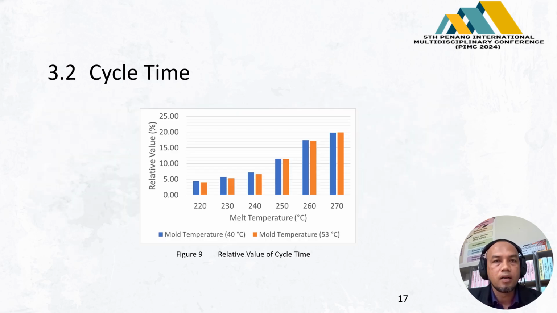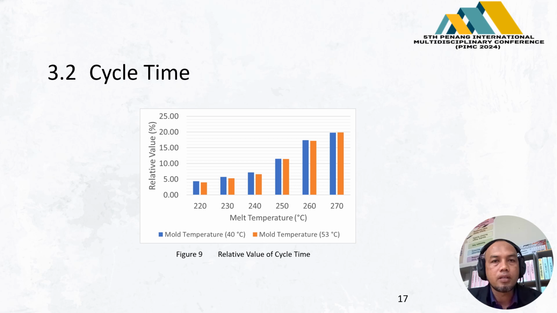Then, as the melt temperature rises, the relative cycle time increases for both mold temperature settings. The values for a mold temperature of 40 degrees Celsius are almost identical to those at 53 degrees Celsius.